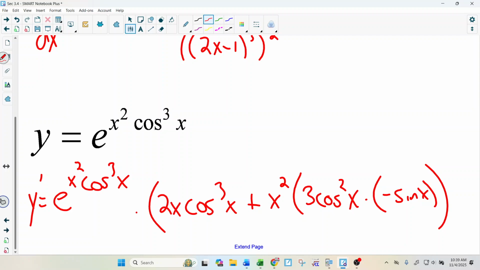One more parenthesis. And I mean that like you got the derivative of x squared is 2x. You got the derivative of cosine cubed is 3 cosine squared of negative sine x. You got all that right. It was just the product rule of the first and the second and the second and the first that you messed up. Okay.